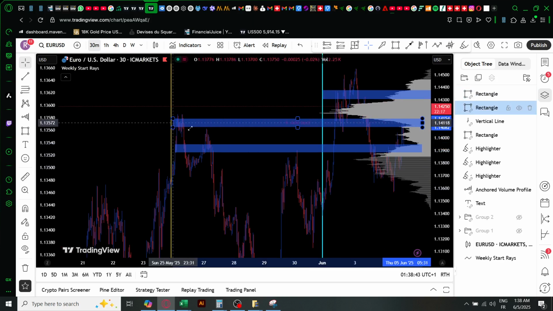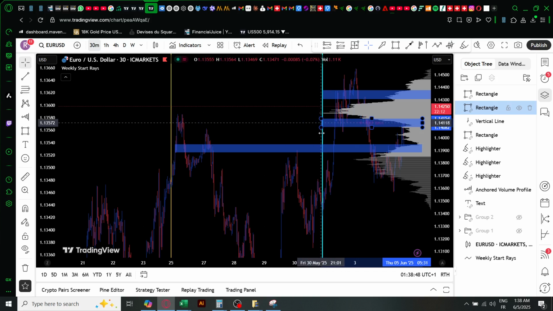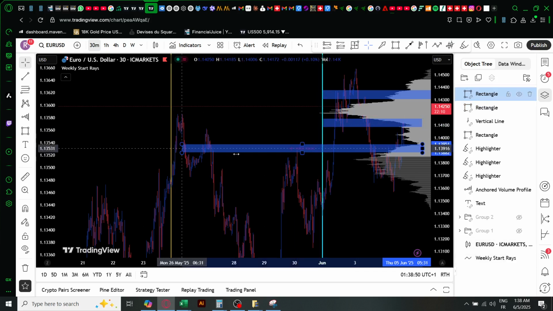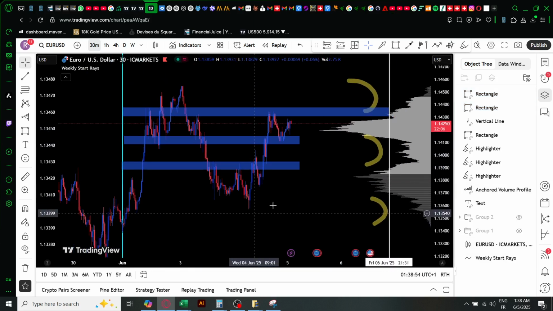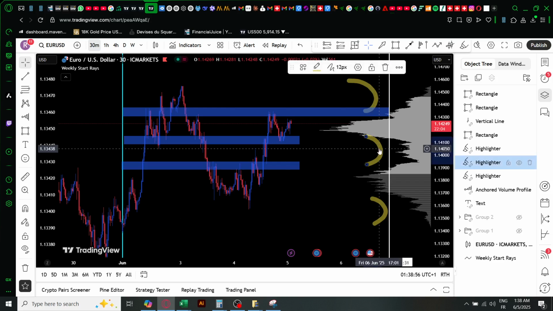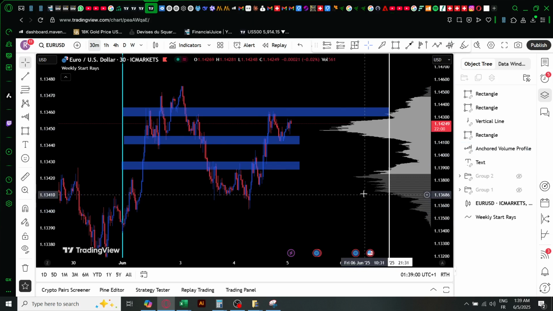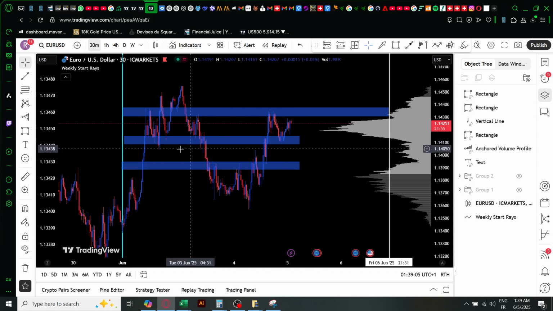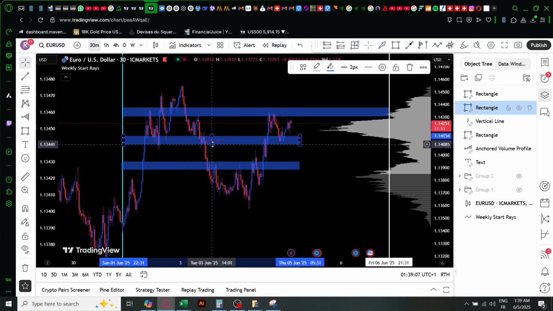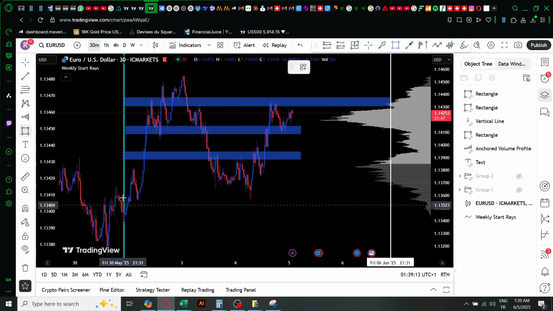Even this one, look, you can see price is reacting to this level. So this is our third level, and there is another low volume node over here.